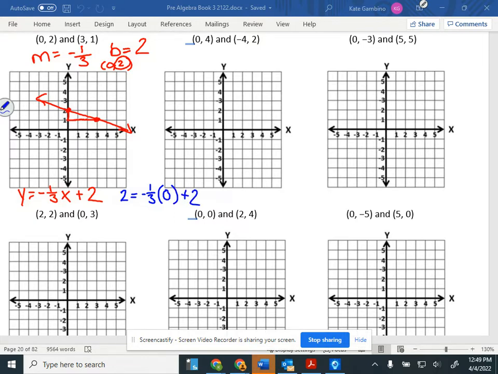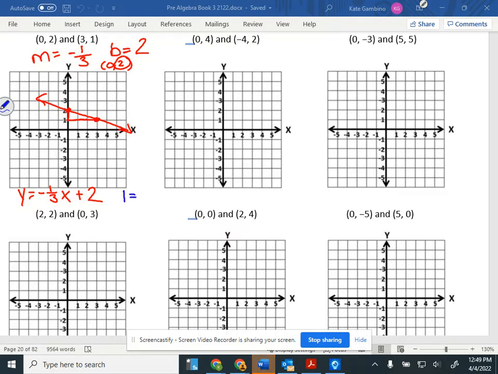Is that a true equation? Let's do our math. 2 equals negative 1/3 times 0 is 0 plus 2. 2 equals 2. Is that true? Yeah. That's how you check your work. You take one of the ordered pairs and you plug it in. Let's try it with our other ordered pair that they gave us. Let's try it with 3 and 1.